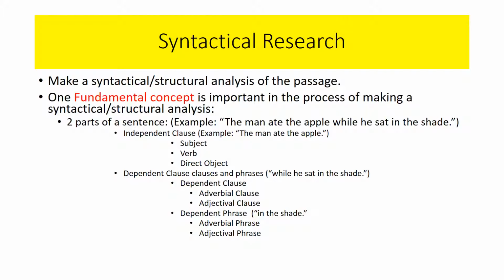Now, the difference between a dependent clause and a dependent phrase is a dependent phrase doesn't have a subject and verb. In other words, in the shade is a phrase because it doesn't have a subject and verb inside of it. Conversely, while he sat is a clause, and while he sat in the shade is a clause, but the phrase in the shade is a phrase because it stands by itself.